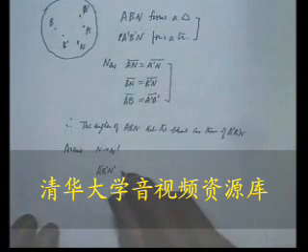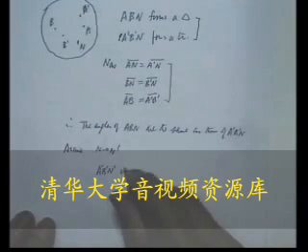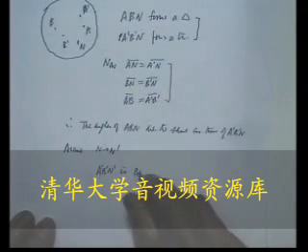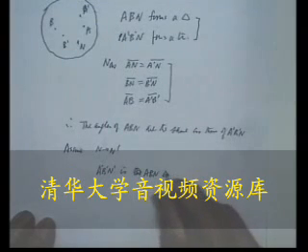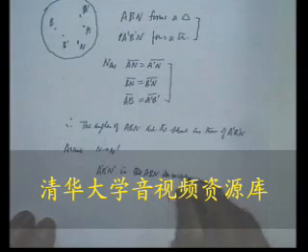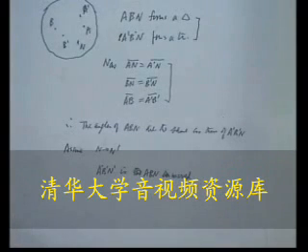By definition, A is moved to A prime, B is moved to B prime, N is moved to M prime. So ABN is moved to A prime, B prime, M prime. That's the definition.